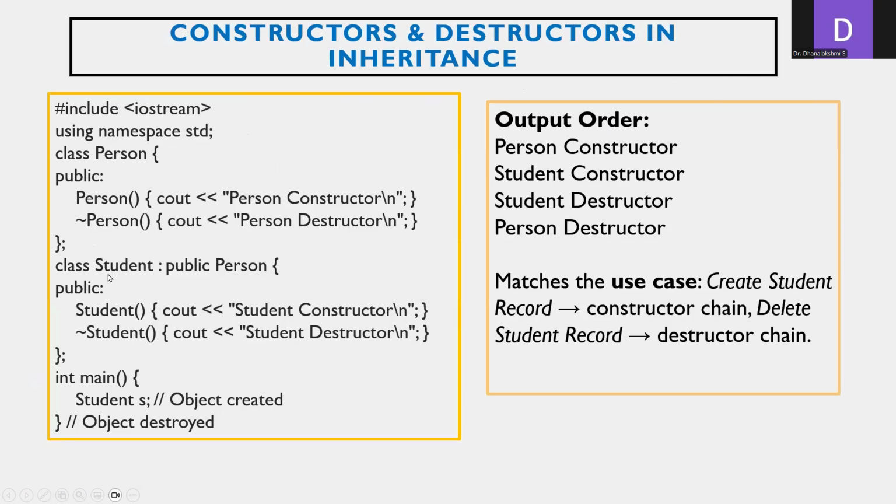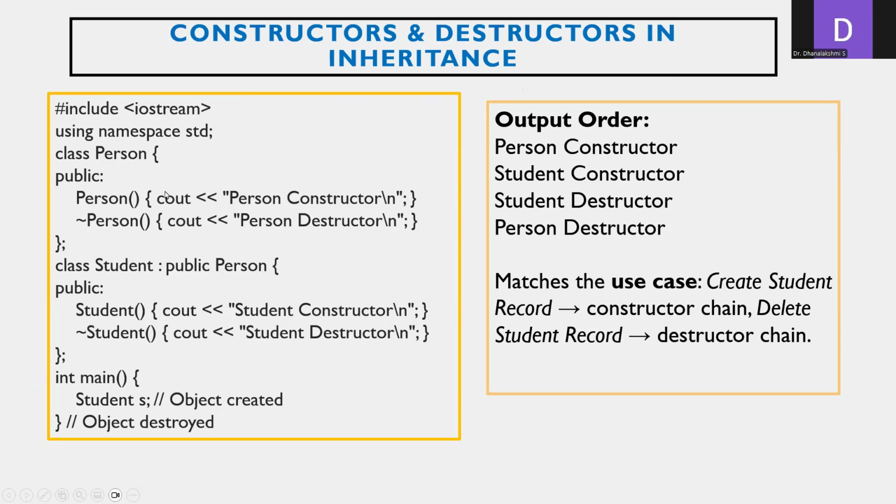The student class is inheriting from the person class using the syntax public person. This means a student is also a person and it inherits all the properties and behavior of the base class. So this is correct, right?